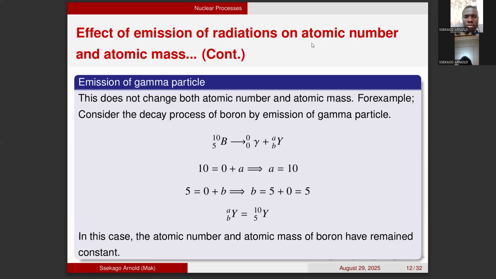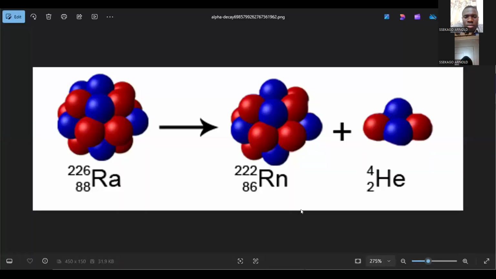Therefore, I give you another activity here. Still considering our radium. The heading is Activity. Then you consider the decay process of radium by emission of gamma.